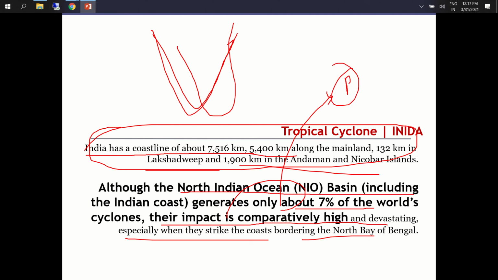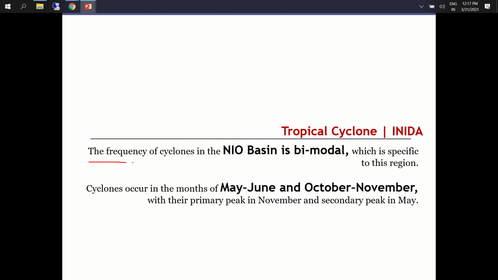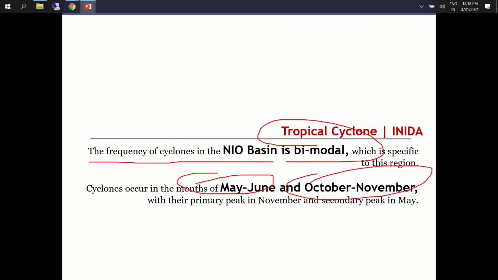The vulnerability and the risk increase because a large number of people are living on these coastlines, and any small disturbance may lead to huge impact. The frequency of cyclones in the North Indian Ocean basin can be understood in two ways: one that forms during May and June, and one that forms during October and November.